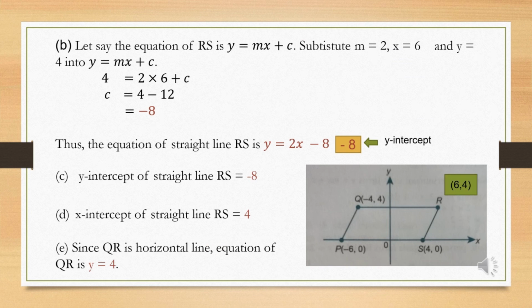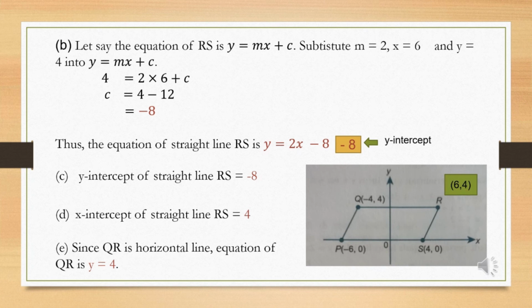For part B, we want to find the equation of straight line RS. Since we have the gradient of straight line RS and the coordinate of R, we substitute all the information into the general form of equation, which is y equal to mx plus c, to find the c.